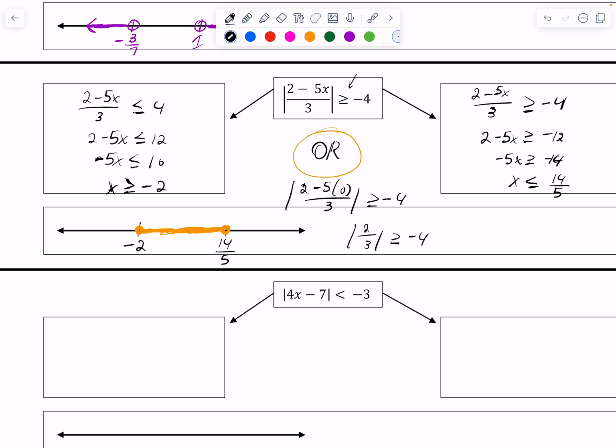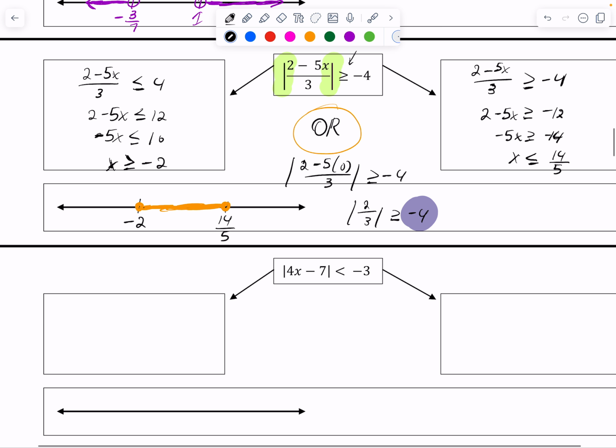What I hope you're noticing is that because of this number on the right-hand side, this -4, we do have to take the absolute value when we're done. And what happens when we take the absolute value of any number? It always becomes positive. So this will always give a true statement, because positive numbers are always greater than or equal to -4.